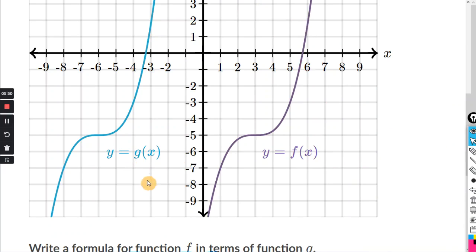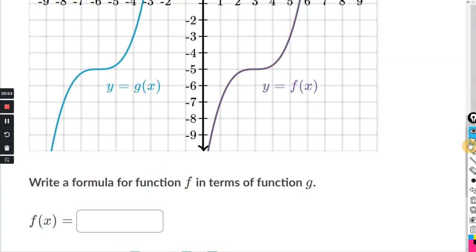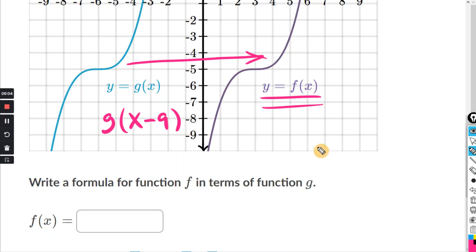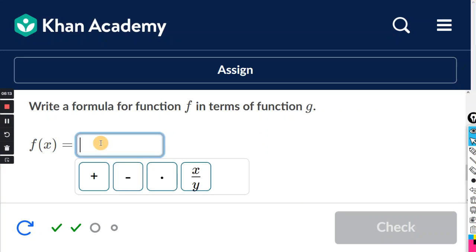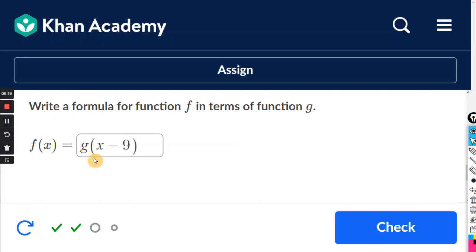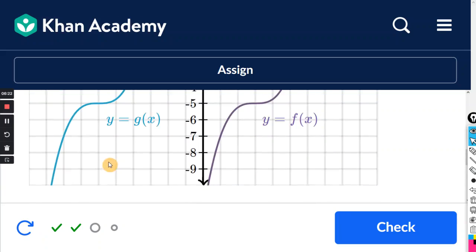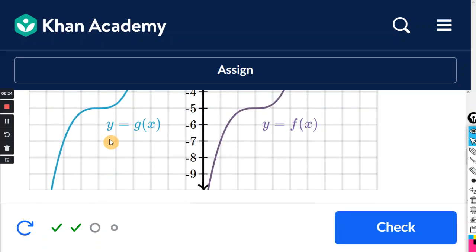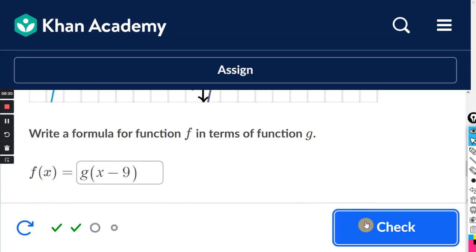If you took g of x and you did g of x minus 9, it would move it to the right and you would get f of x. So f of x is just g of x minus 9. Click in the box and type g of x minus 9. Basically we took the g function and minus 9, we moved it to the right 9 units.